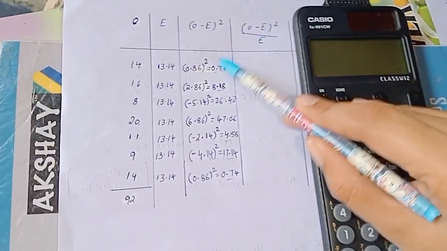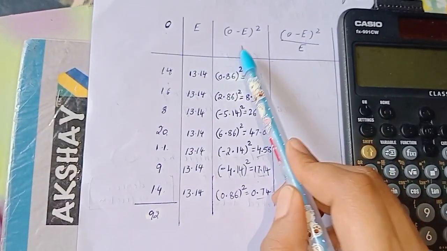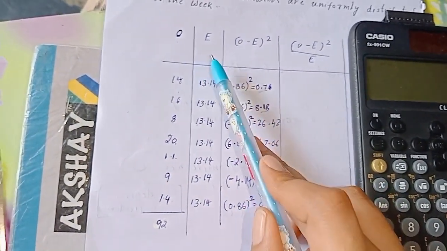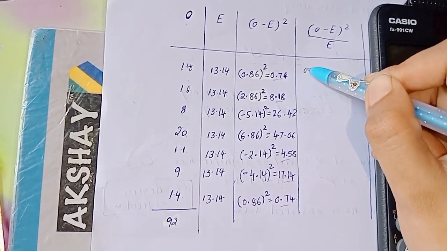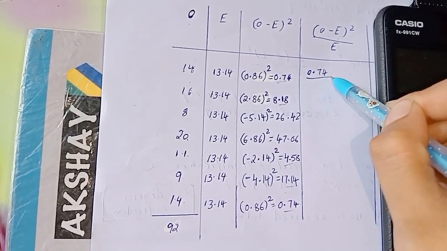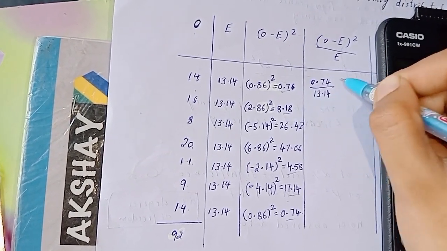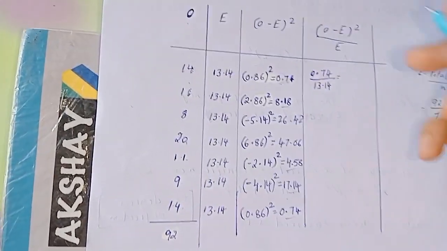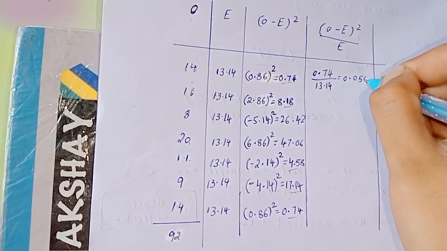The fourth column is this value by E, means this value by this value. 0.74 by 13.14, we get 0.056.